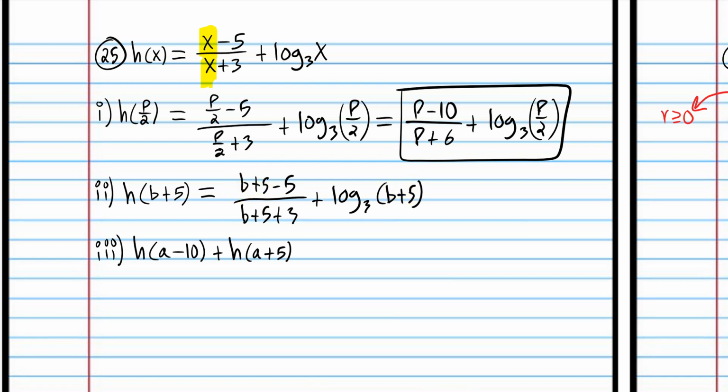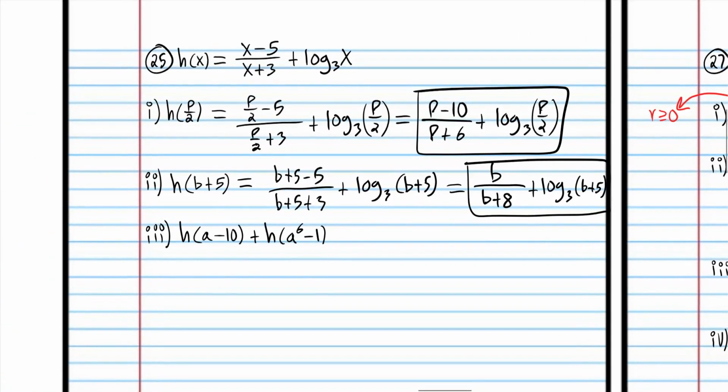So the numerator is going to simplify to b, and the denominator is going to be b plus 8. And there's nothing we can really do with the logarithm. There's nothing we can simplify. And that is the answer.